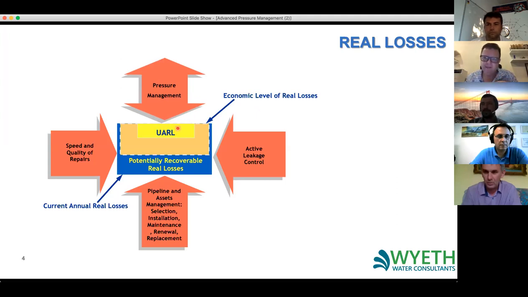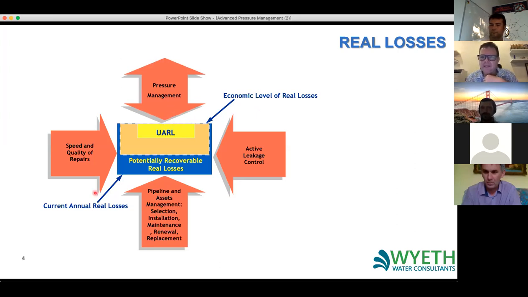But at the same time, you're going to reduce your current annual losses as well. So it's going to have an effect on both the UARL and the CARL. But will it have the same effect, or will one be more than the other, which is going to affect your ILI calculation? That's all I would say about it.